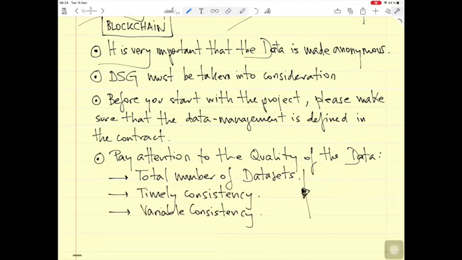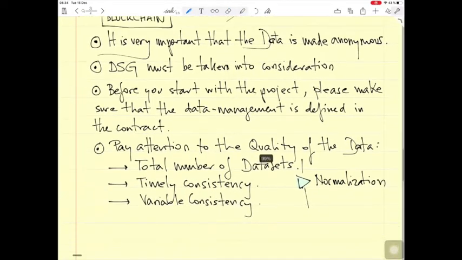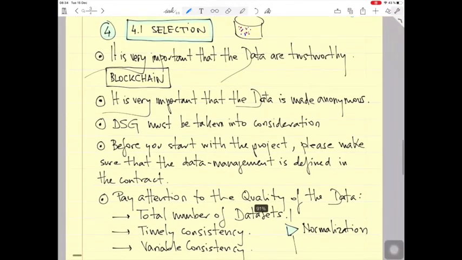Okay, and this needs to be done in order to make an appropriate normalization. Okay, any questions about the selection of the data?